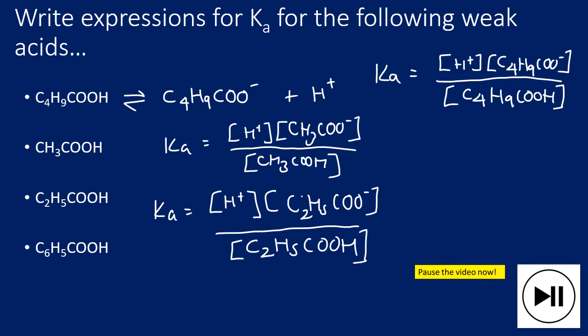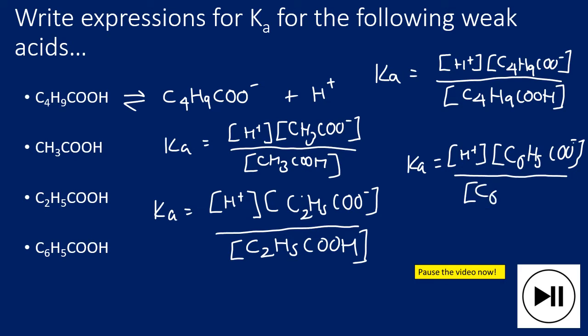And then the last one, the Ka value, is the H+ concentration multiplied by the C6H5COO- concentration all over the concentration of C6H5COOH.